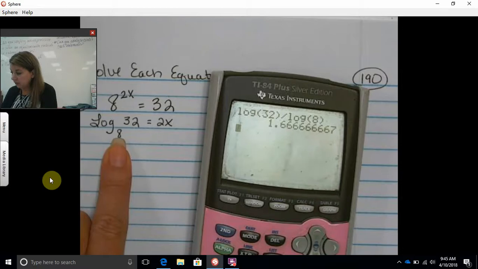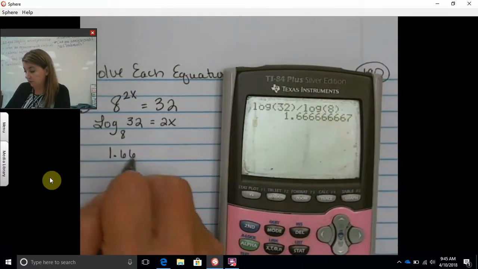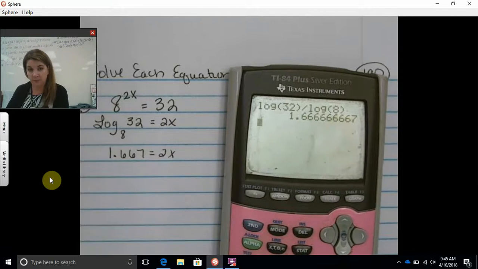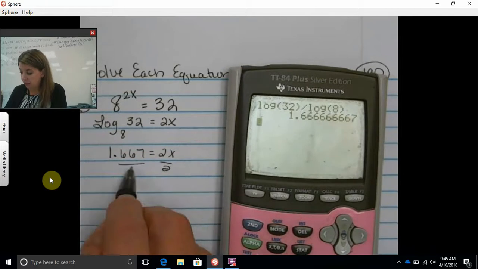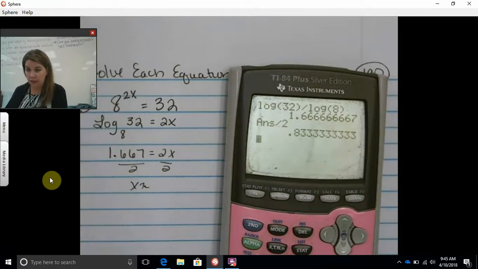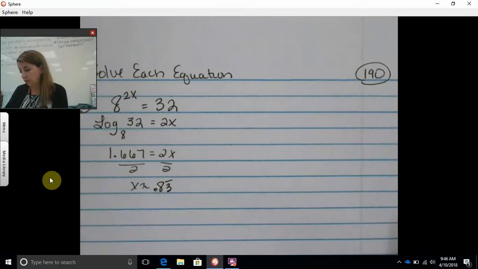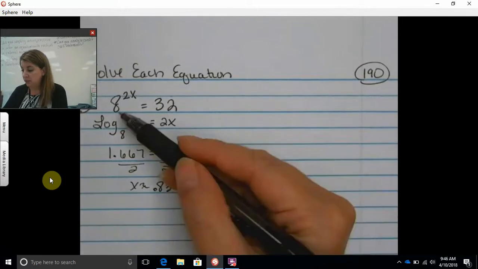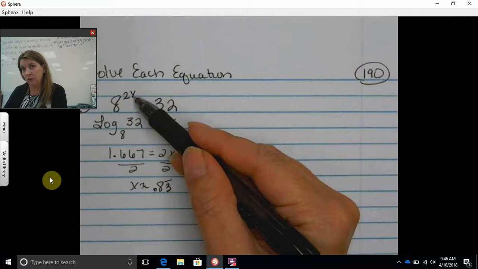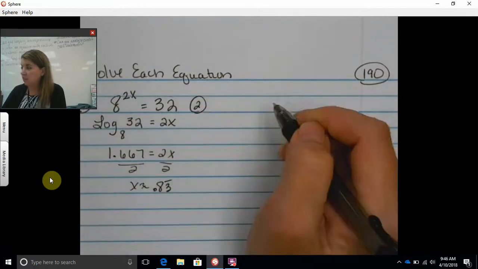And I get 1.667 equals 2x. Now what? Divide by 2. And x is approximately 0.83 repeating. So 8 raised up to the 2 times 0.833333 should give me 32. Questions on that one?